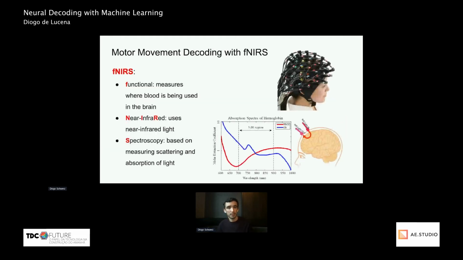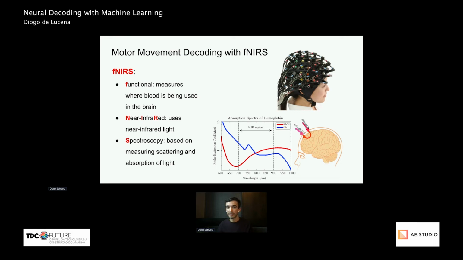So another project that we've worked on is trying to decode motor movement with fNIRS. fNIRS is a less invasive approach. It uses this cap on the right, and fNIRS stands for Functional Near Infrared Spectroscopy. So the idea here is to measure blood flow in the different parts of the brain, depending on the activity that you're doing.